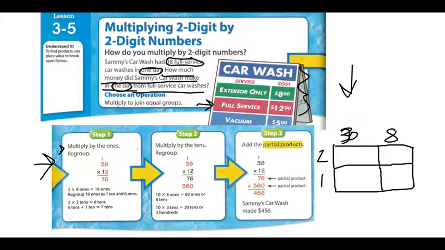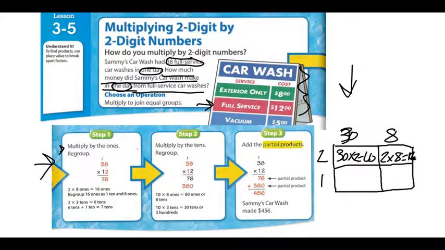Then I'm multiplying each. Just watch and see how I do this. 30 times 2 equals 60. Then I can do 2 times 8, which is 16. So these are partial products.